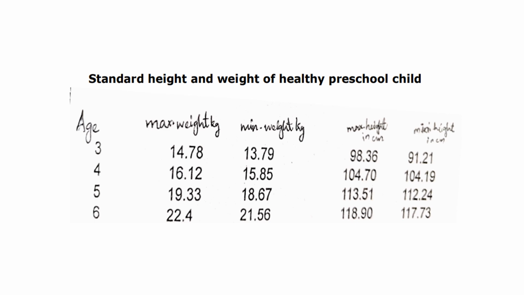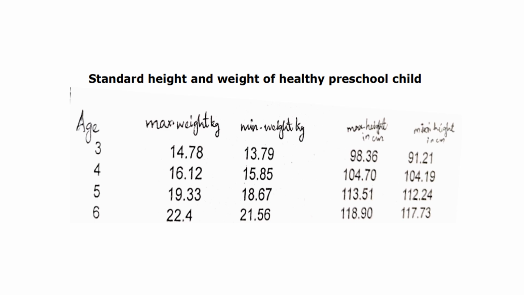If a child is really sick and we take them to the hospital, the doctors will first check the height and weight of the baby. They will see whether it is age appropriate or not.